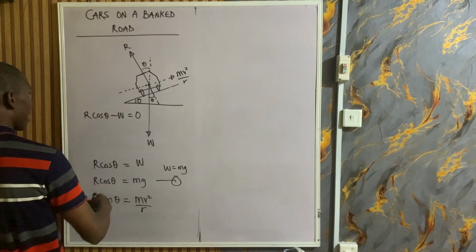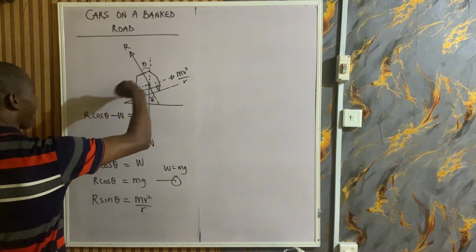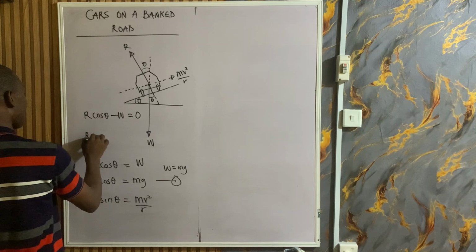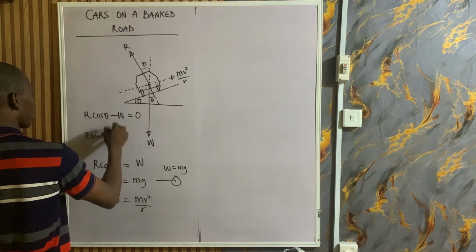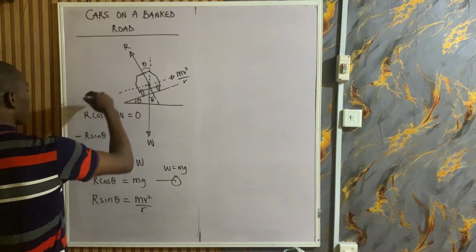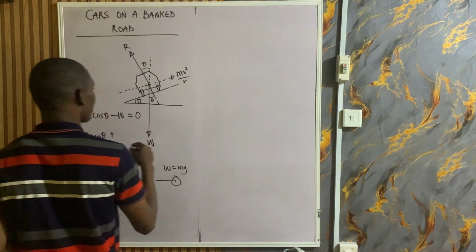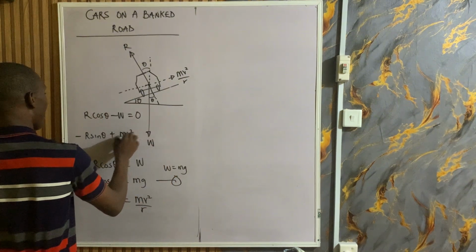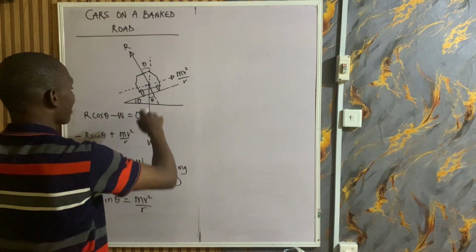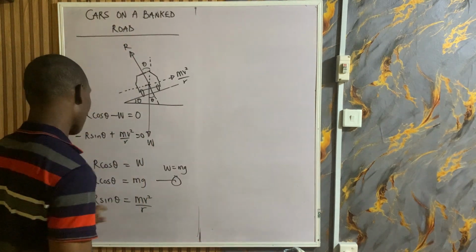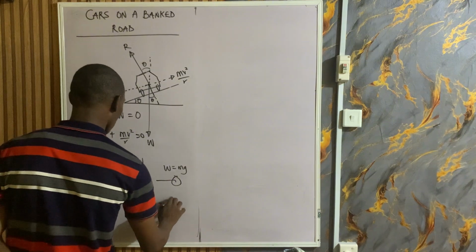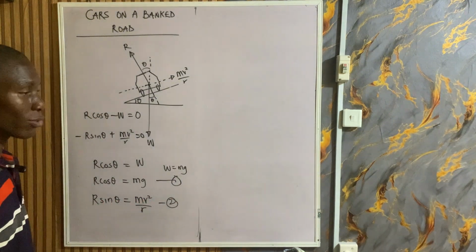And then again, if you resolve this parallel to the plane, that will be R sine theta. Then plus, so this is negative, because it's pointing in the negative x direction, and then plus mv square over r. After these two interacted, it is not accelerating because it's at equilibrium, equal to 0. And that will give us the second equation. This becomes my equation 2. So that's how we got this actually.